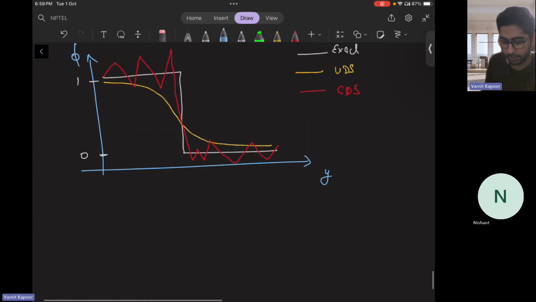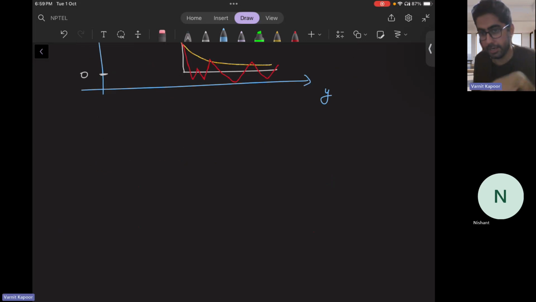Now let us analyze. Depending on the time, we can also look at how the unsteady equation behaves. Let us see what happens between these two schemes.